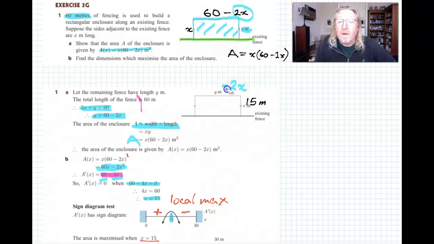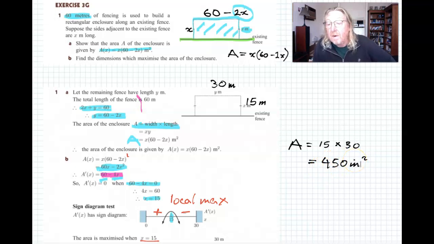So the dimensions are 15 metres by 30 metres, and the maximum area you can get is going to be 15 times 30. What's that? 450 metres squared, if I've got that right.